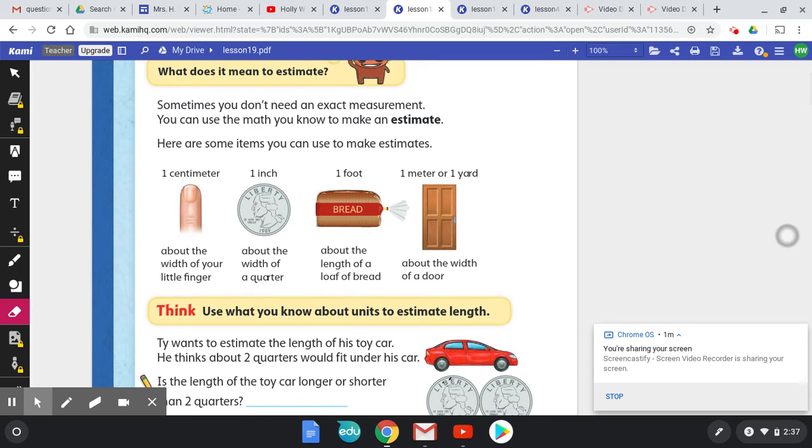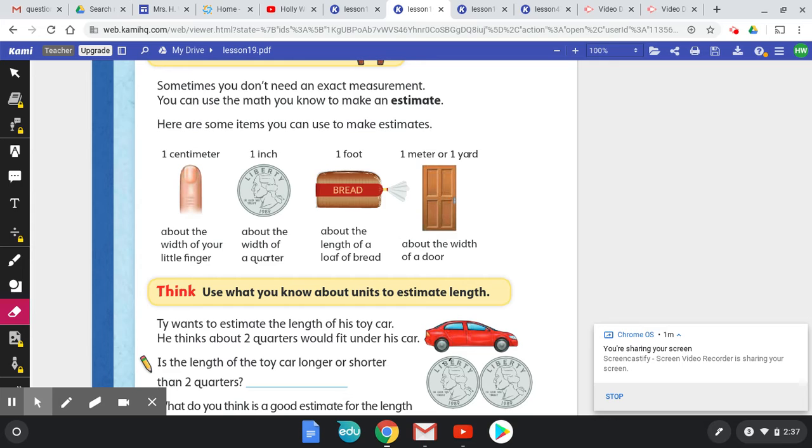And here are some items that you can use to make estimates. Remember we said the width of your little finger would be 1 centimeter. So if you hold up your little pinky and see how wide it is, that's about 1 centimeter. An inch would be about the width of the widest part of a quarter. So if you lay a quarter down, that is about 1 inch. A foot is about a loaf of bread.